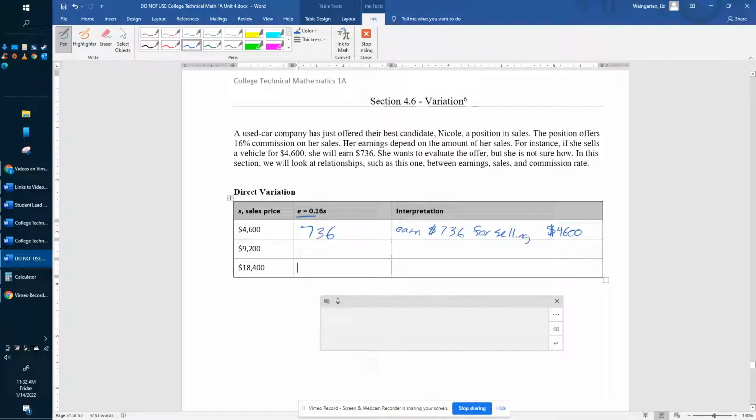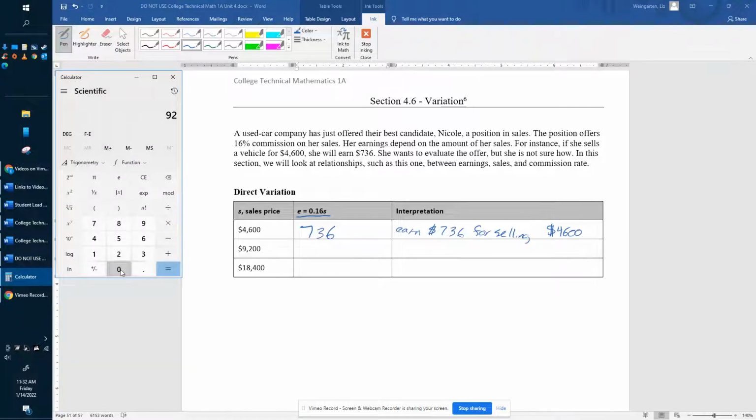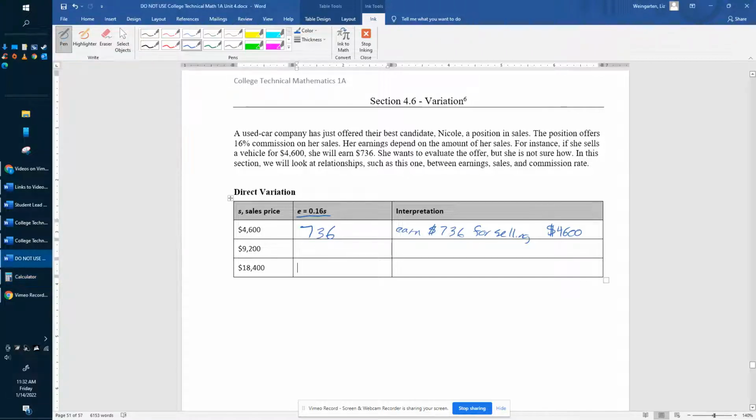Well, let's stick it in this formula that they graciously gave us. 9,200 times 0.16, she would earn $1,472. So she would earn $1,472 for selling a $9,200 vehicle.